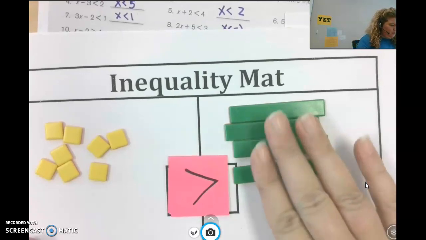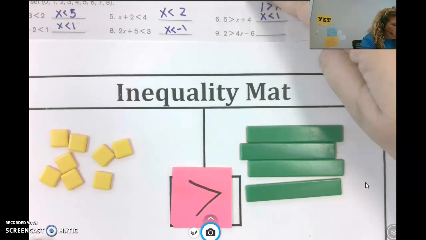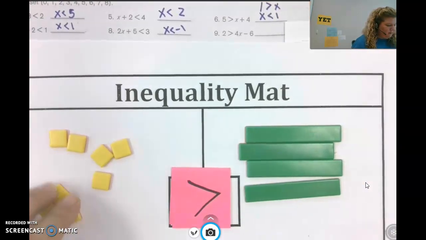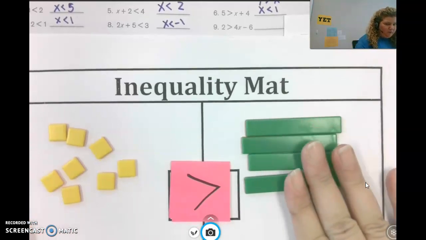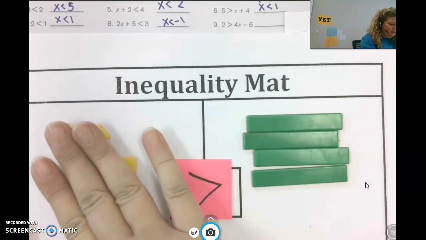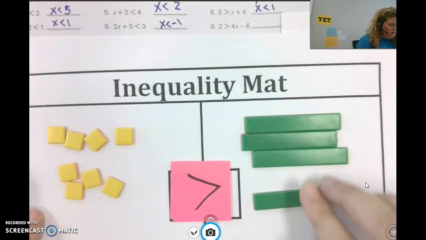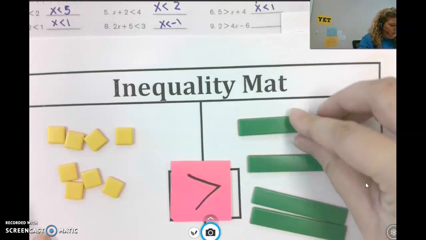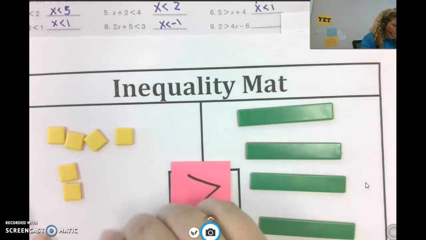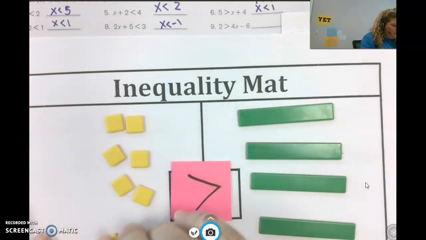Okay, so let's look at this again. So we've added 6 positives to each side. Okay, now we have 4 x's over here and 8 ones over here. So let's separate this into 4 groups. Divide by 4. Each group has 2 ones.